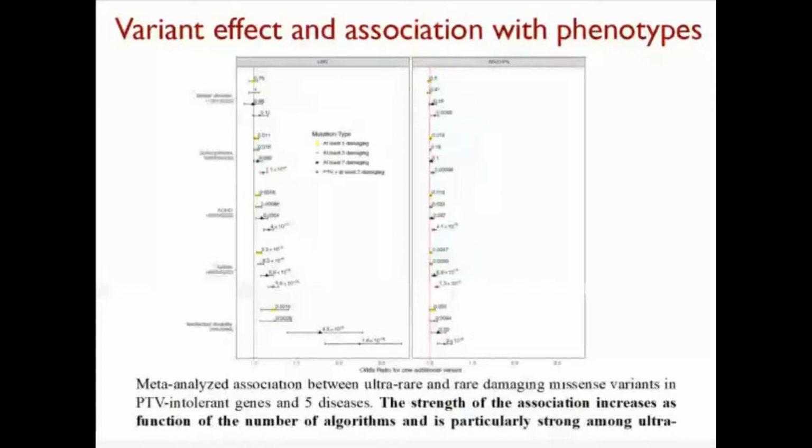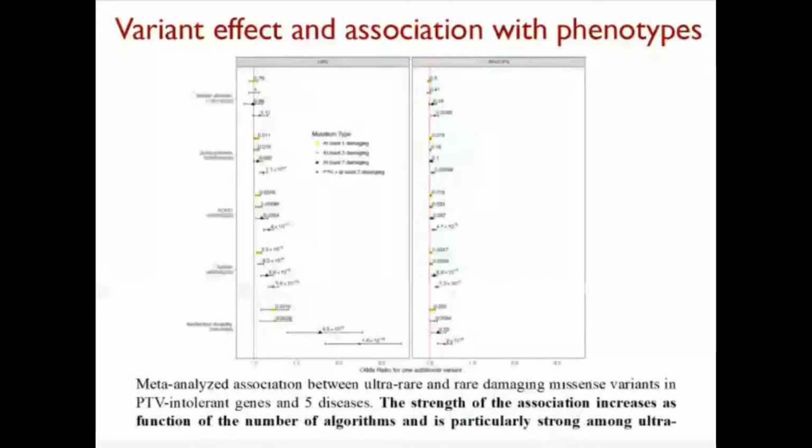And of course, if we know that some genes are especially vulnerable, we would like to check if the mutations observed in a group of patients, for example, affect these specific genes. And this is a so-called meta-analysis of patients with five psychiatric diseases: bipolar disorder, schizophrenia, attention deficit hyperactivity disorder, autism, and intellectual disability.